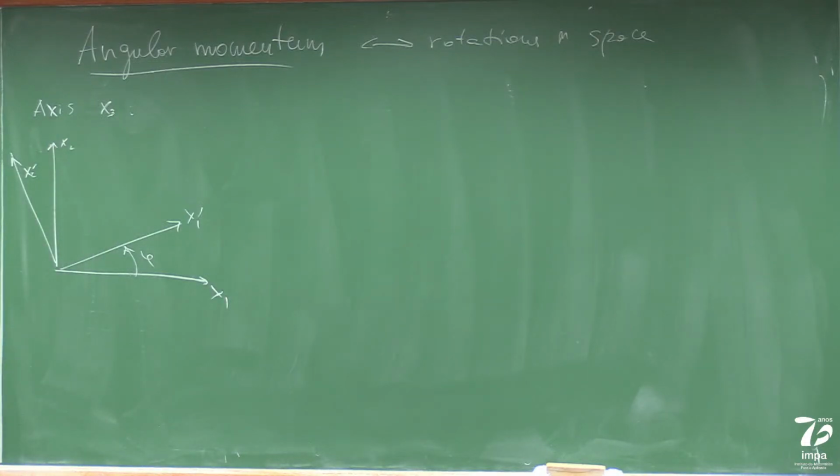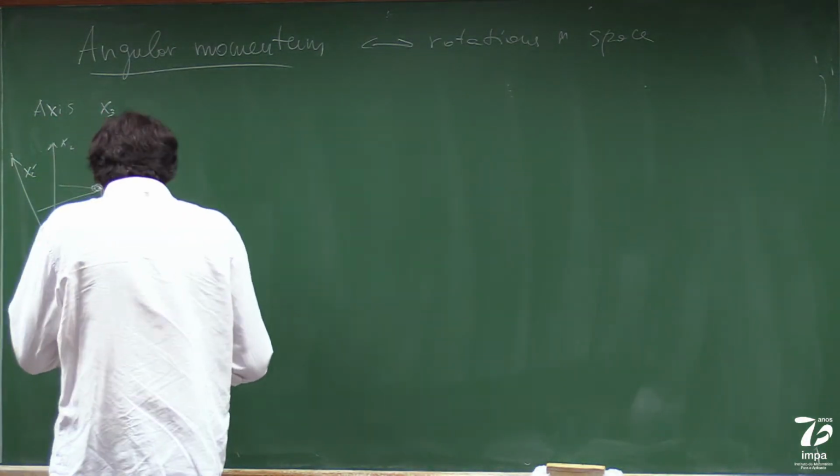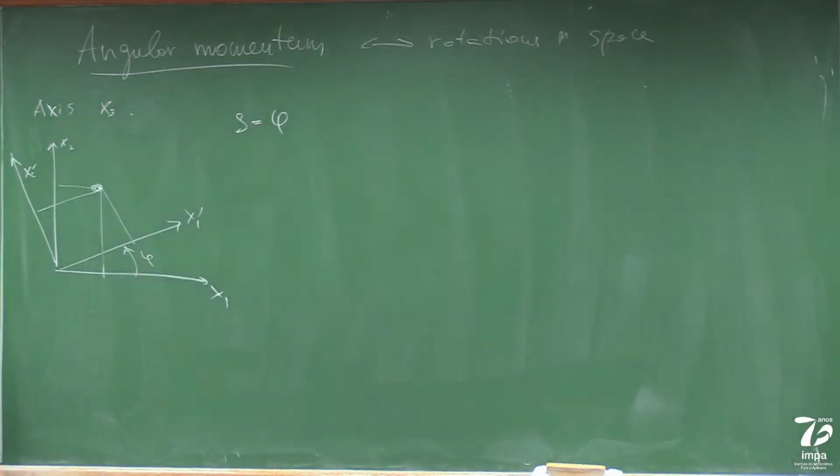Then we have a point which has coordinates in the previous system of coordinates and then primed coordinates. So our parameter of rotation is psi.